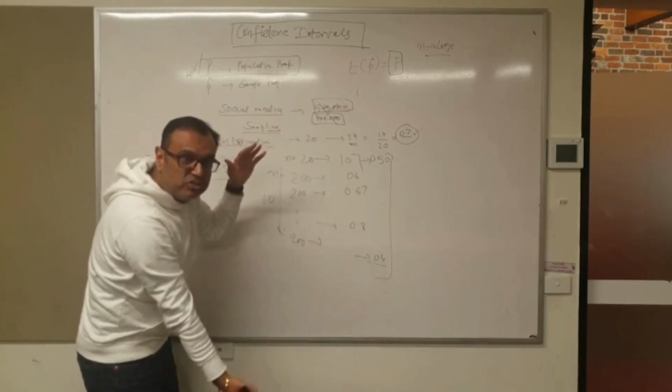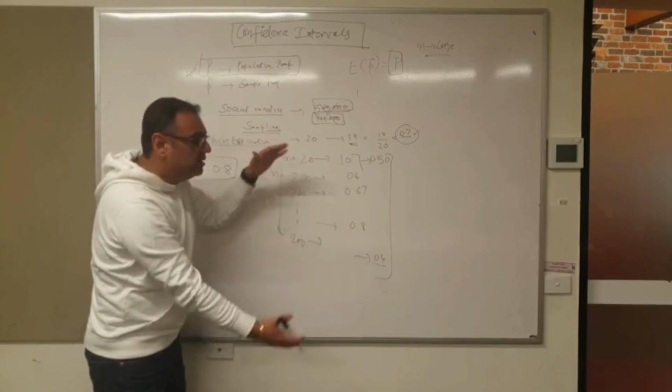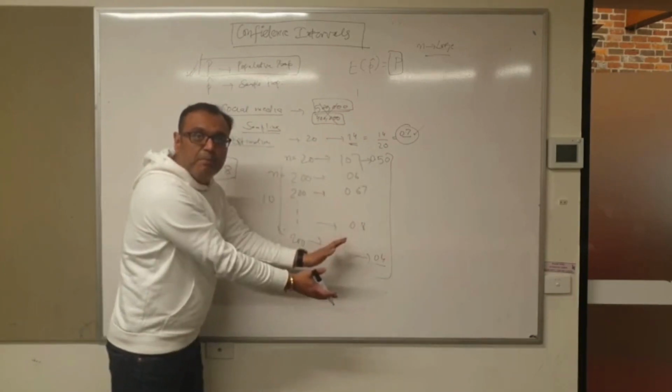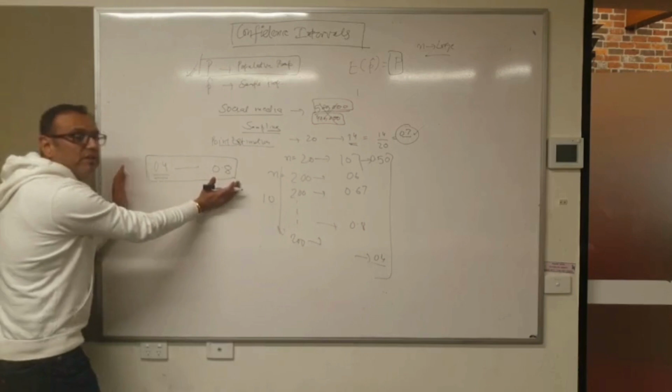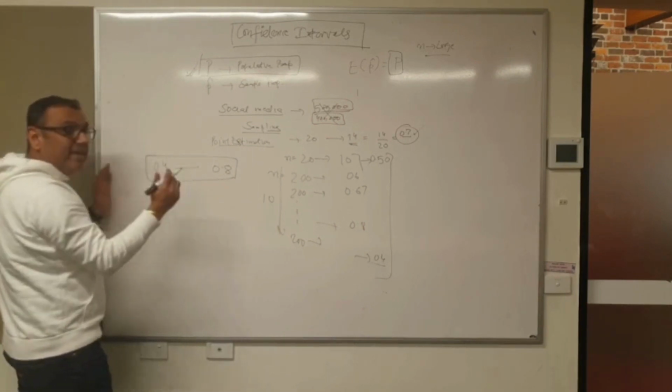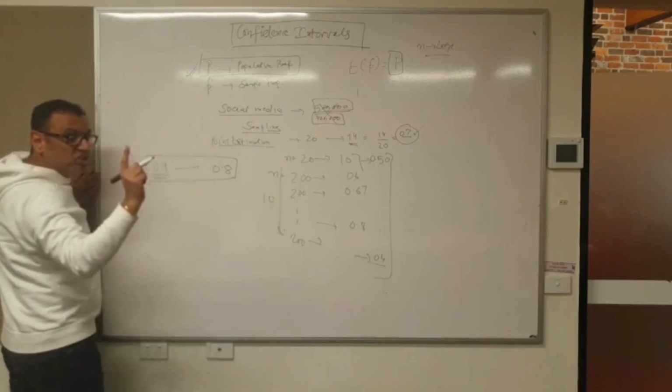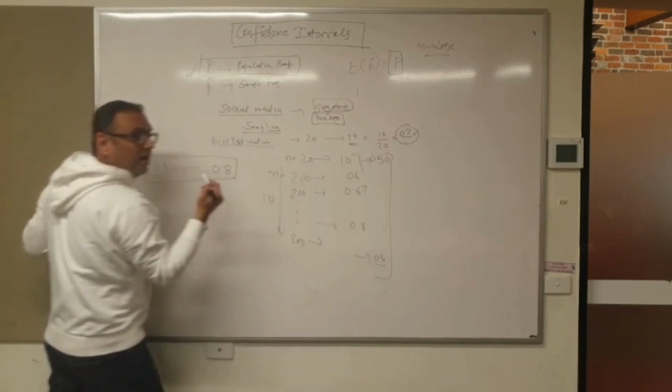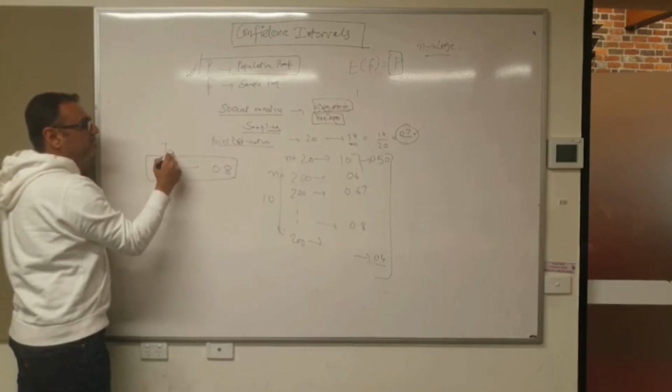I took a range of samples of the same size and found different sample proportions, and then I found the range, the min and the max. And now I say that I found not just a number, I found an interval.